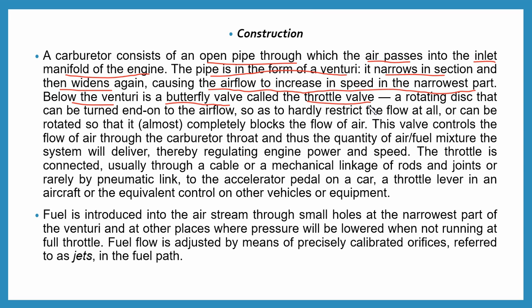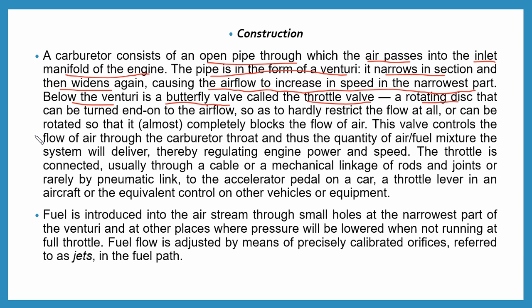A rotating disc is used to control the flow, so that it can hardly restrict the flow at all, or it can be rotated so that it almost completely blocks the flow of air.